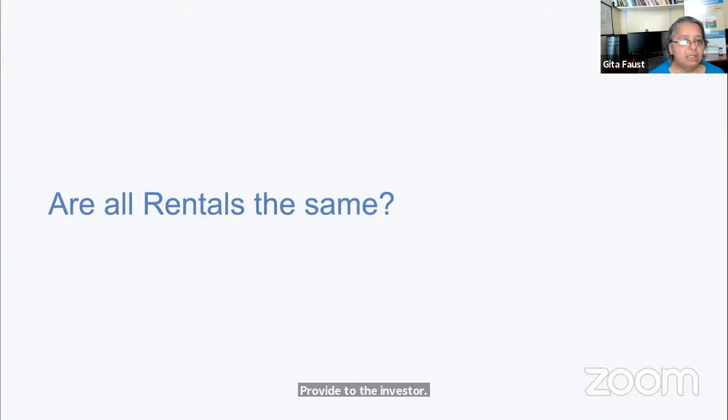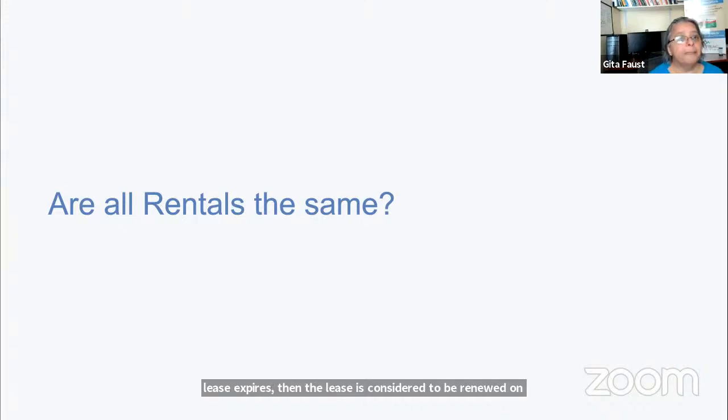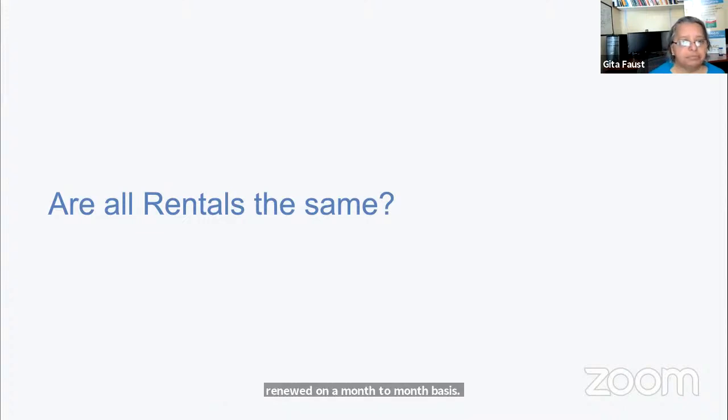So how does the date of notice clause work? It may vary lease by lease. A good example would be if the lease is not renewed, signed and sealed by the parties involved, when the lease expires, then the lease is considered to be renewed on a month-to-month basis. If that is so, it should be written on the lease.